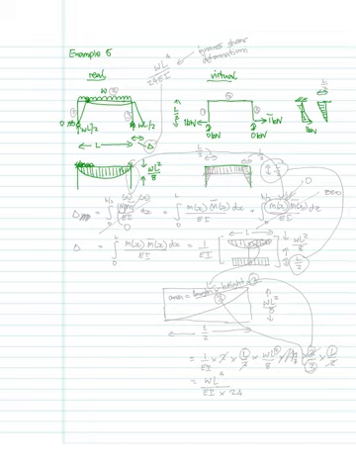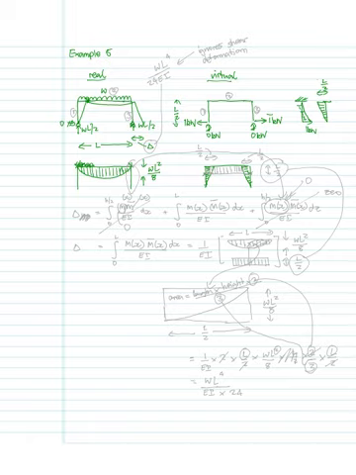then the magnitude of the bending moment would be L over 2 times 1, so that's going to be L over 2. So that one is going to be L over 2. Same idea on the other side, the magnitude of that value there is also going to be L over 2.